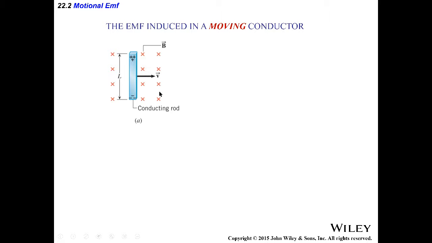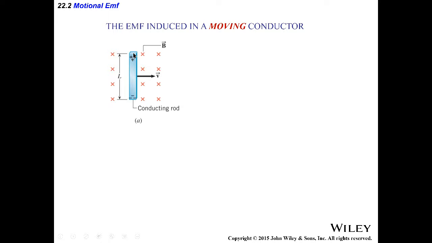And now let us take this case. I have a conducting rod. It is not connected together. It's just a rod. All right, it's a conducting rod, but it is just a rod. There's no wire that connects this end to that end.